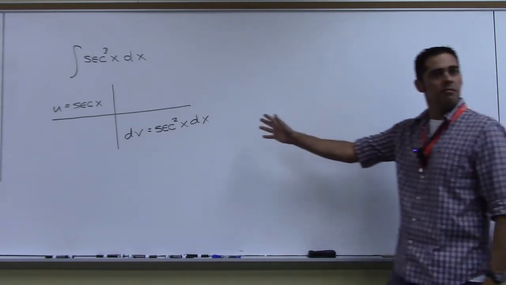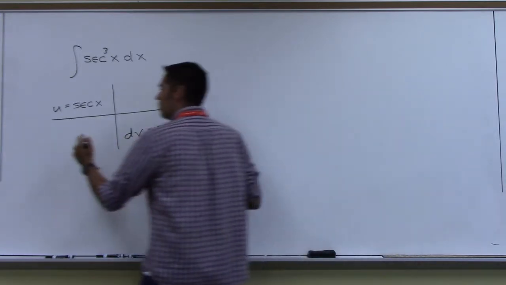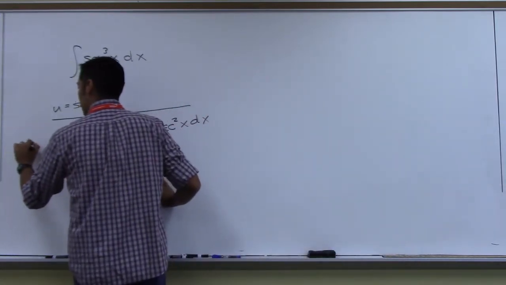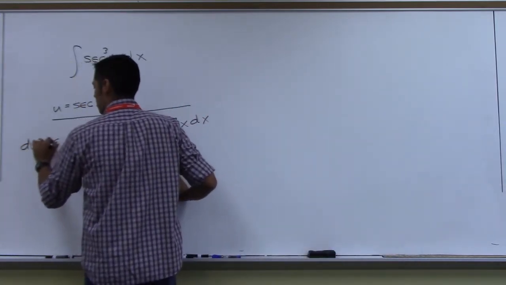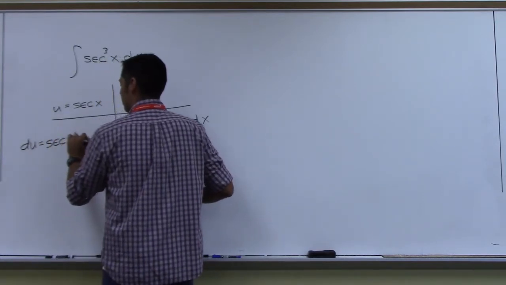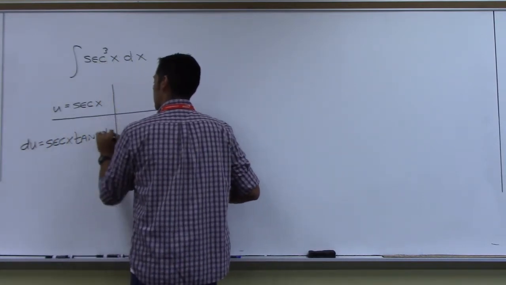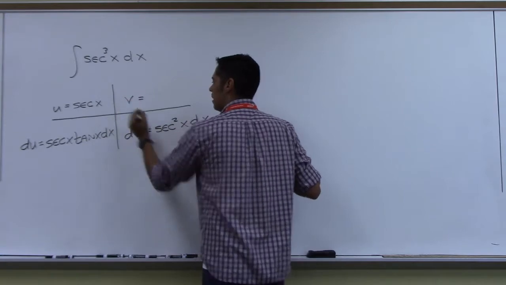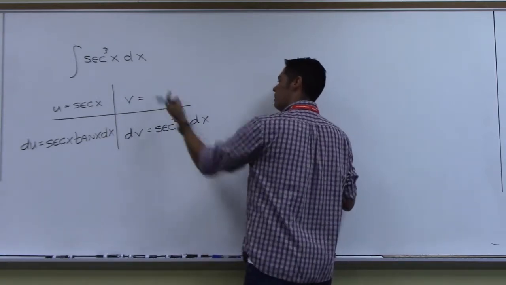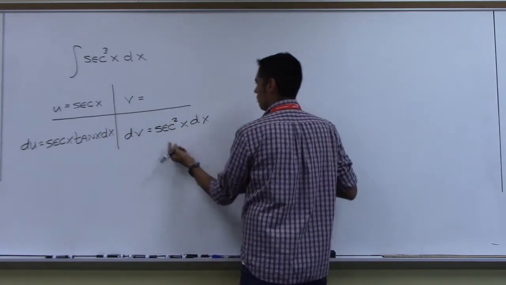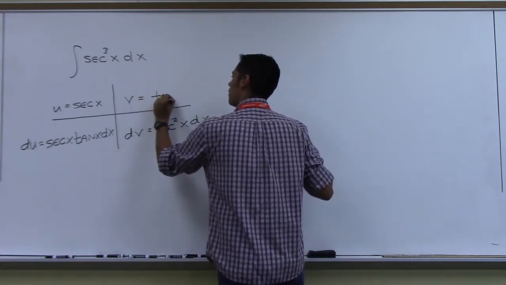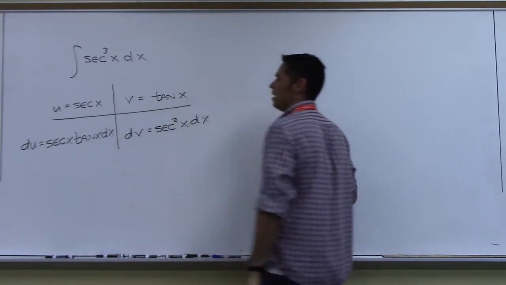Do y'all see this stuff? Okay, so let's fill out the table. What's the derivative of secant x? Secant x tangent x dx. And then what is v going to be here? Tangent x.